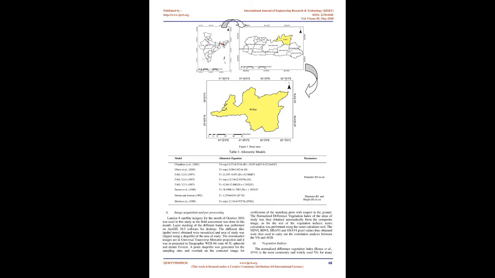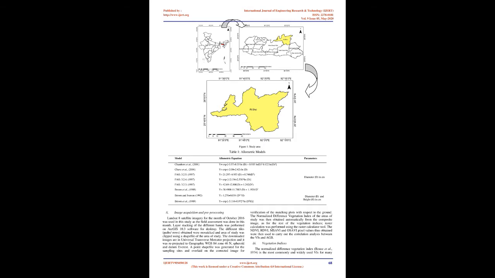Schlerf et al., 2005, Foody et al., 2003, Hurcom and Harrison, 1998. The present study seeks to correlate the relationship between above-ground biomass, AGB, and the different vegetation indices, viz.